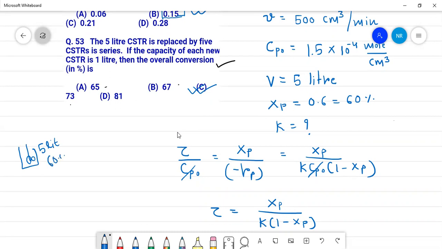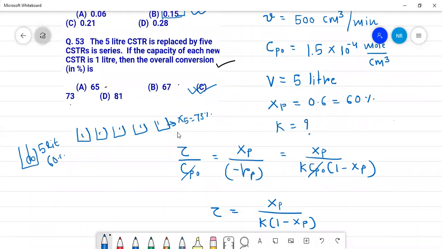Instead of it, if I take 5 CSTR, 1, 2, 3, 4, 5, and each having 1 liter, then at the end X5, your conversion will be 73. It means 13% conversion is increased if we divide this 1 into the 5.